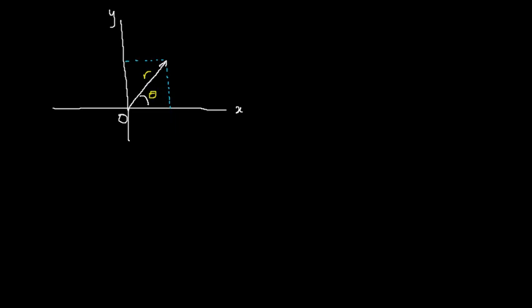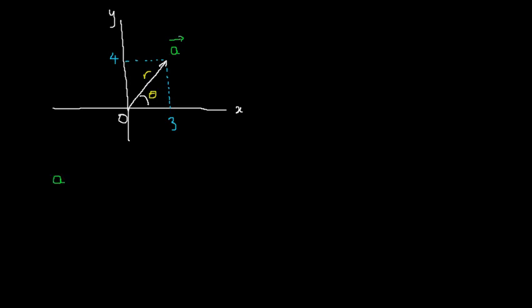So let's suppose that this x value is 3 and that y value is 4. So instead of describing it using r theta, we now have 3, 4. So I can describe this vector. Let me call this vector A, an arrow.